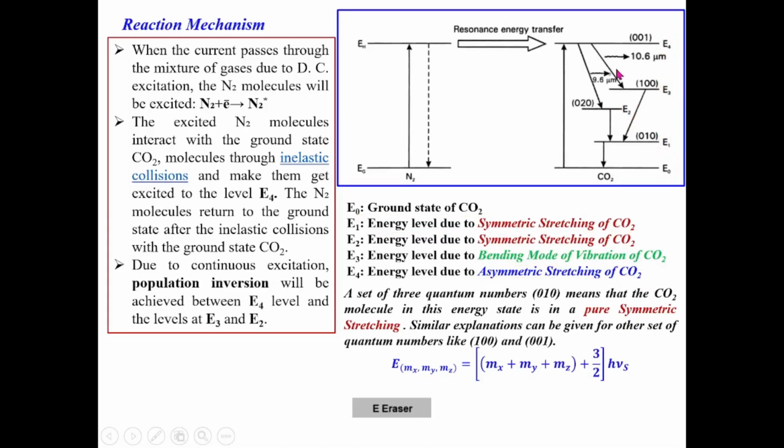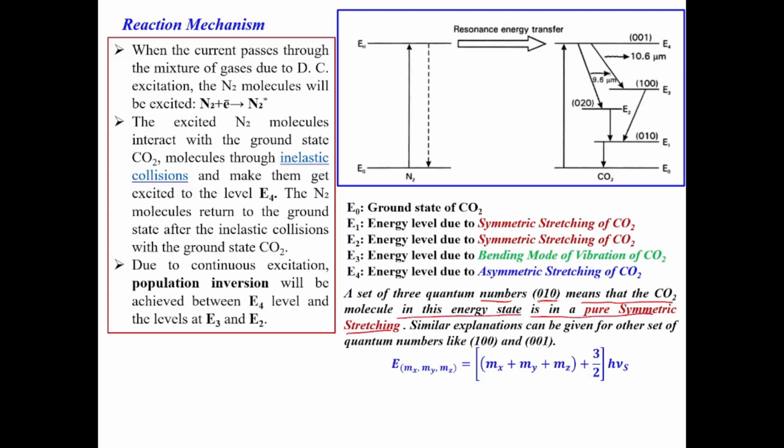So for the laser action, the carbon dioxide should be in the asymmetric stretching mode of vibration. Now, a set of three quantum numbers, 0, 1, 0, means that the carbon dioxide molecule in this energy state is in a pure symmetric stretching.